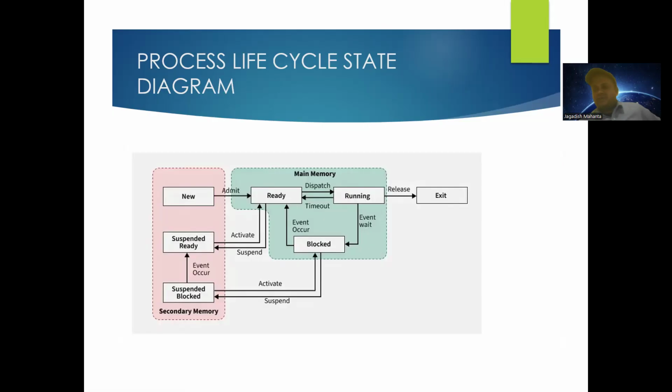Degree of multi-programming means the number of processes that can stay in the ready state. For example, if there are 100 processes in the ready state, the degree of multi-programming is 100.